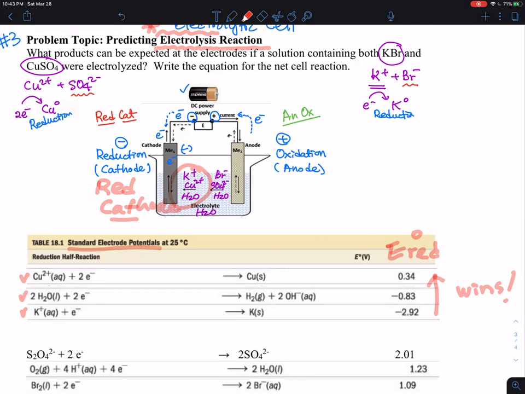Which one is winning this competition? The one at the top. The higher you go up, this is the one. So this is going to happen. That's the reaction that will be favored over the other two. So instead of potassium plus being reduced, the copper 2 plus will be reduced, and that's the favored reaction.